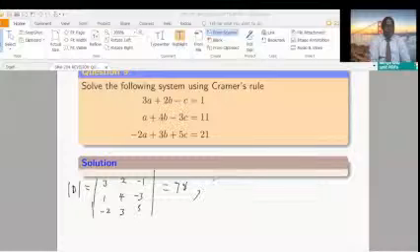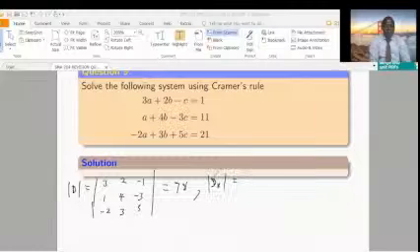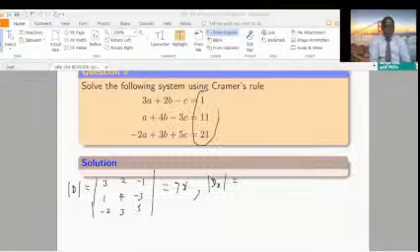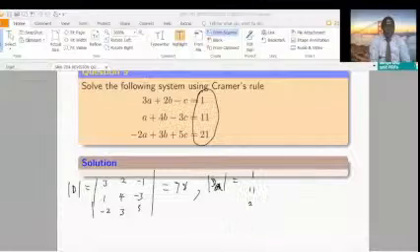Next, let's find the determinant of dA. It's dA because I'm seeing A here. This column has A, so we replace the column of A with 1, 11, 21, and these other columns remain the way they are.